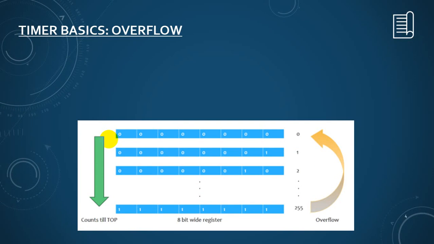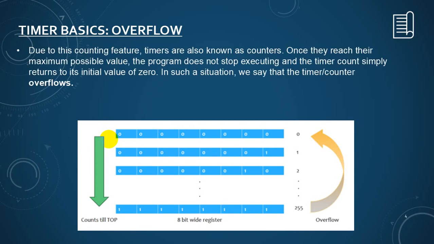So these are the timer basics, how it works. Look at over here. Due to this counting feature, timers are also known as counters. Once they reach their maximum possible value, the program does not stop executing and the timer count simply returns to its initial value of 0. In such a situation, we say that the timer counter overflows. Look at the picture.